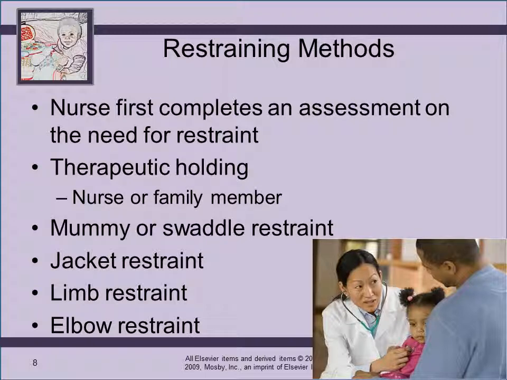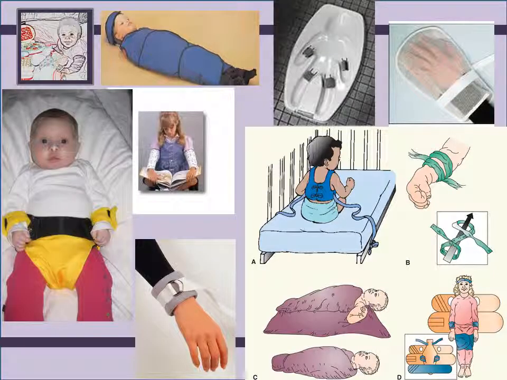If restraint is needed, make sure that you choose the appropriate style of restraint. This is a variety of different restraint methods. You have the mummy or swaddling restraint at the top left, the papoose board or a type of papoose board.